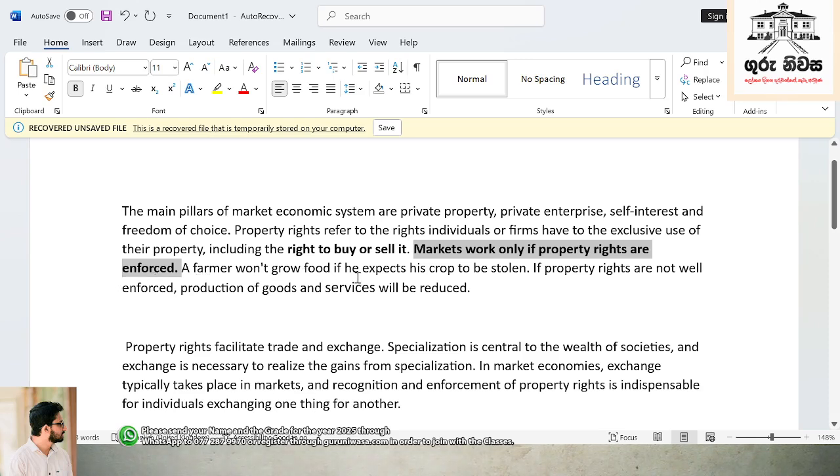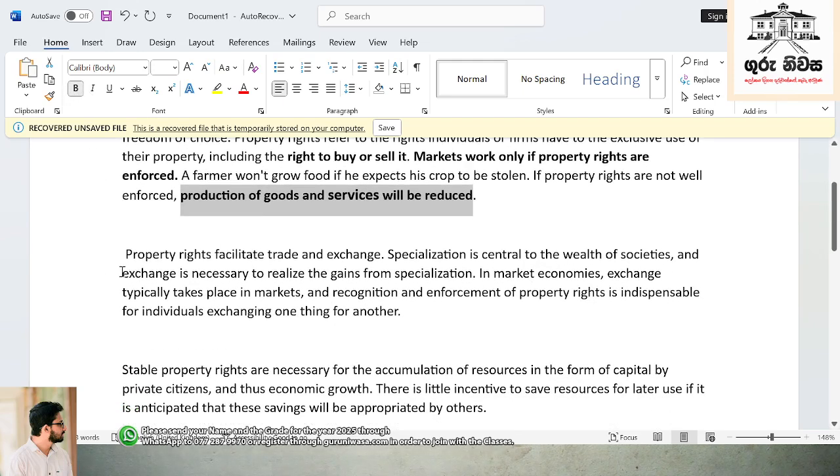A farmer won't grow food if he expects his crop to be stolen. If property rights are not well enforced, production of goods and services will be reduced. No motivation. Next one: property rights facilitate trade and exchange.